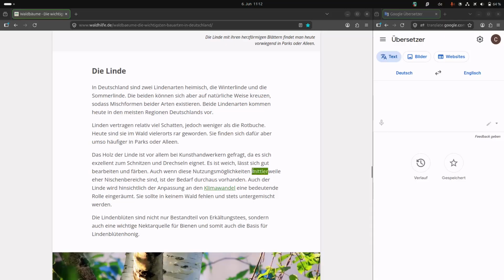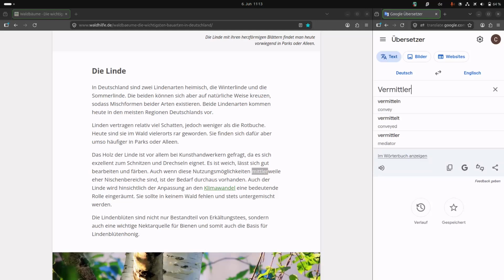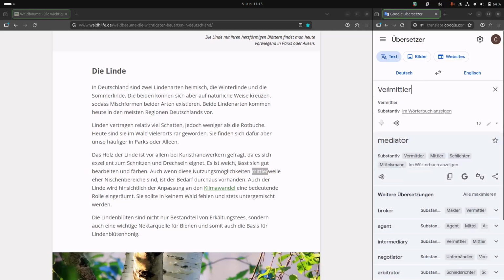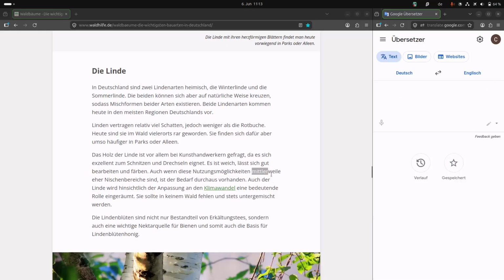In general, it maybe occurs in words like Vermittler, which is a mediator, to kind of get to the middle of two people so that they can agree, whatever. And mittlerweile derives from the word middle. Weile basically means while, not while as a conjunction in English, but while as a noun, so by now or something.